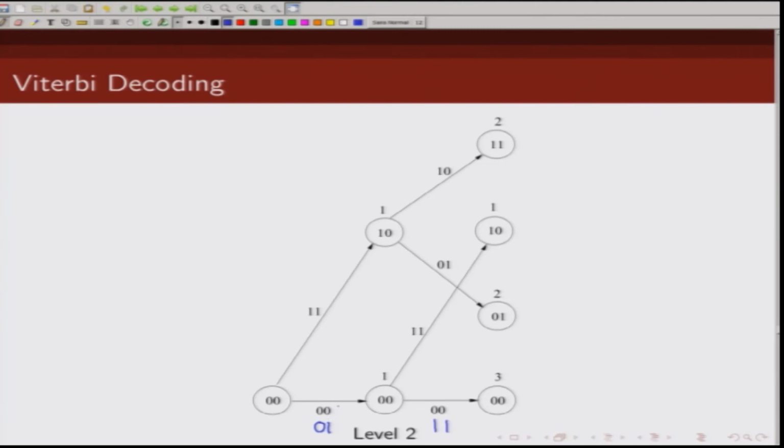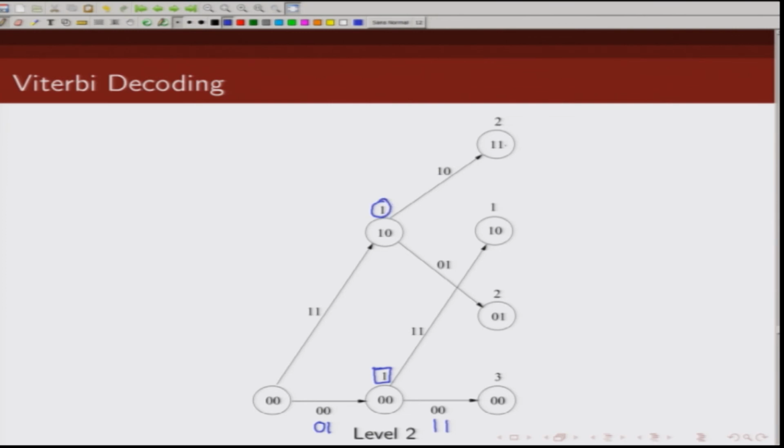What should have been the code word? 0 0. We have received 0 1. So, the path metric corresponding to this is 1. Now, look here, the code sequence is 1 1 and this is 0 1. So, the path metric differs in Hamming distance by 1. So, that is my path metric here.